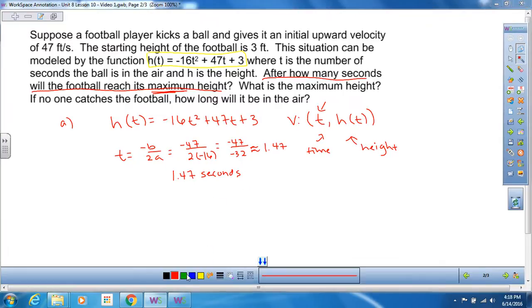The second question is, what is the maximum height? So it's still asking us about maximum, so it's still asking us about the vertex, but this time I want the height, so I'm wanting the y-coordinate. Well, to find the y-coordinate, you're plugging that back in for x or for t. So I have to plug in 1.47 for t.